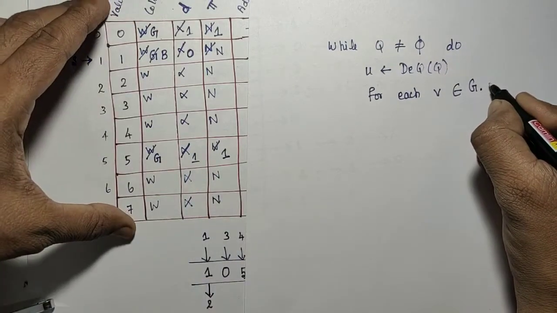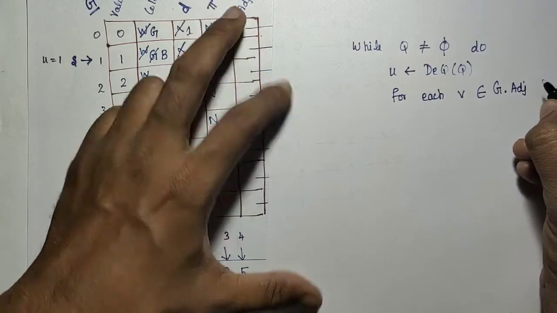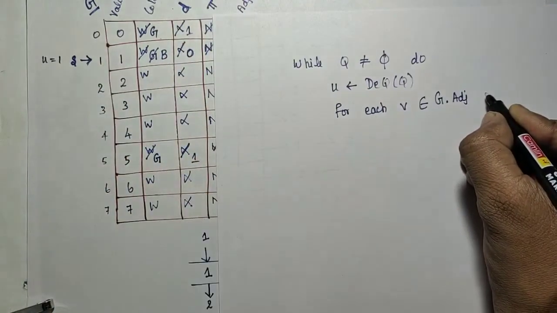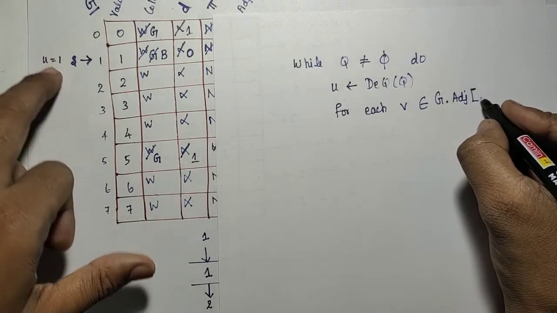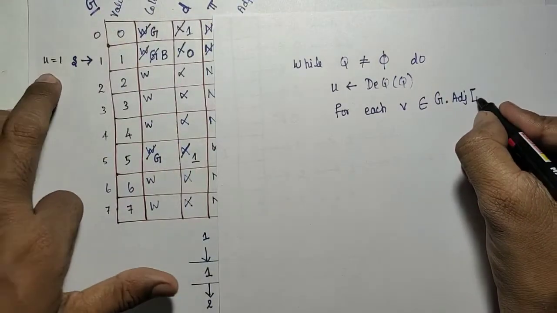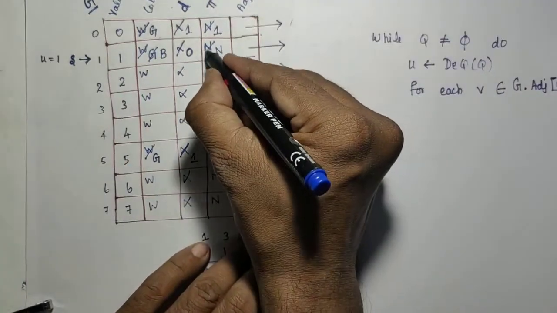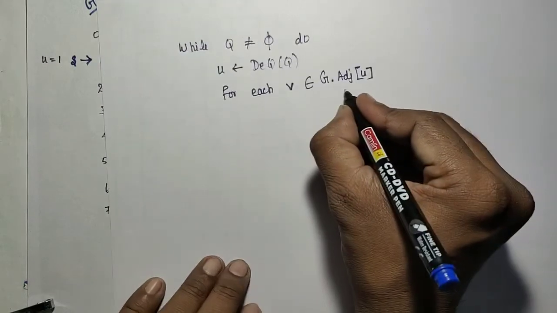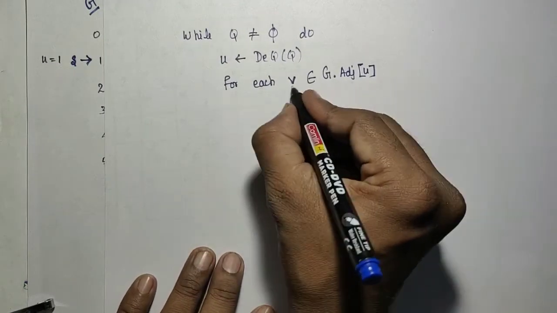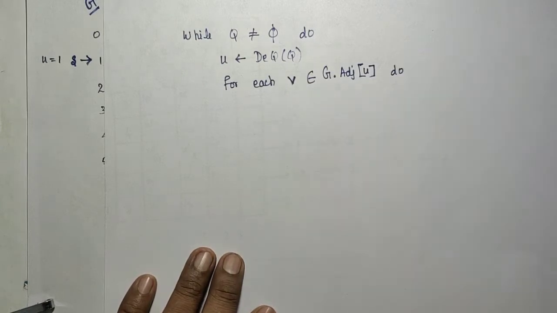G means this graph, dot adjacent, ADJ, this adjacent field, of U. This graph.adj of U means that field. So this is the list. This will give that list.